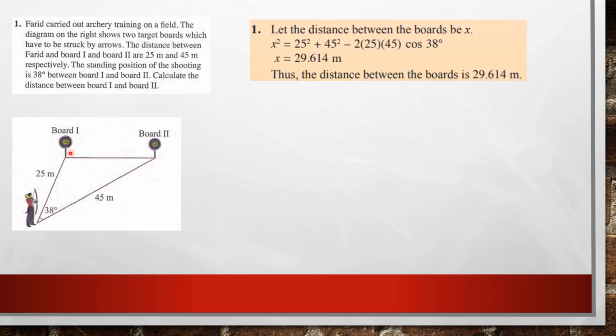Let the distance between board 1 and board 2 be x. So x square will be equal to 25 square plus 45 square minus 2 times 25 times 45 cos 38. So you square root it, you will get 29.614 meter. Thus the distance between the boards is 29.614 meter.